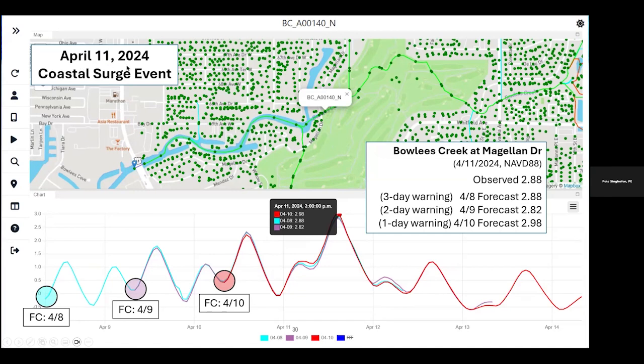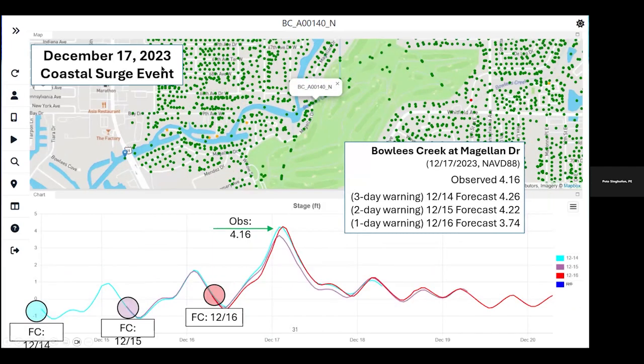So this past April 11th, there was a kind of a king tide event, and we had forecasted 3 days out exactly what the observed elevation turned out to be. 2 days out, we were very close to that. 1 day out, we were a little bit higher. But in all 3 cases, up to 3 days out, we were very close to what actually ended up happening.